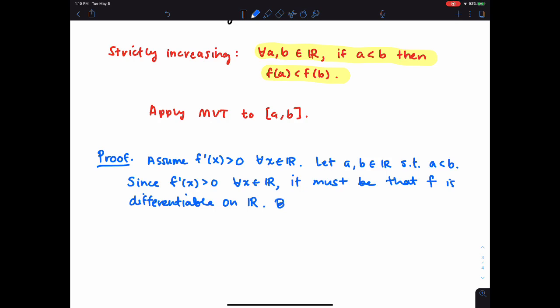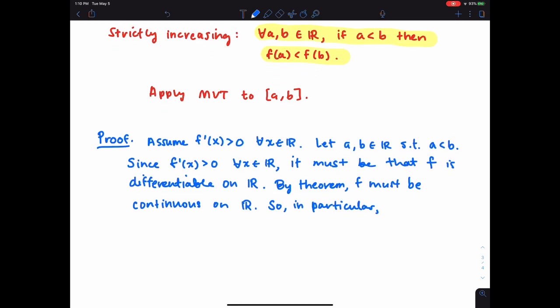And by theorem, f must be continuous, because we know that differentiable implies continuous on all of R. So in particular, we can say that we have continuity on the closed interval and differentiability on the open interval AB, because we know we're differentiable and continuous everywhere for any real number.